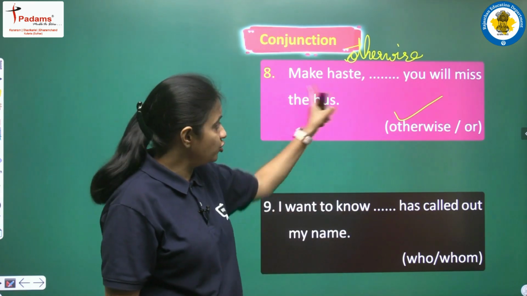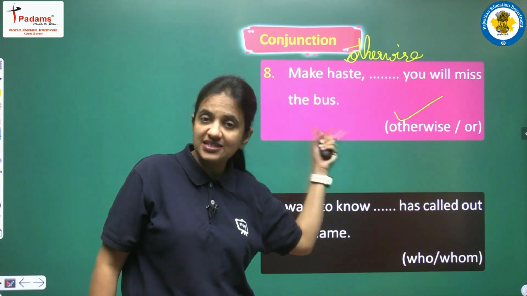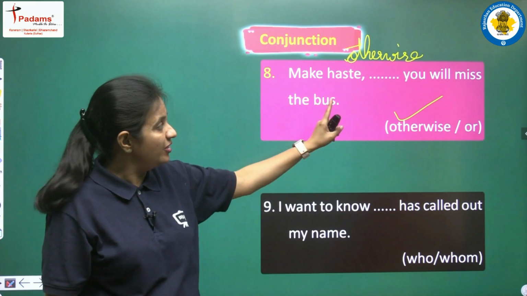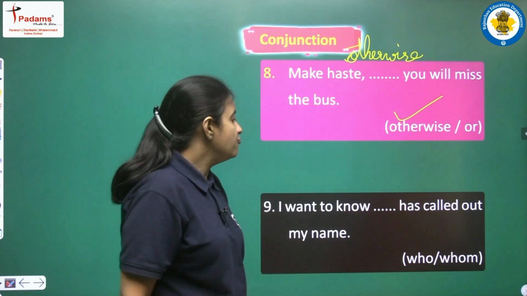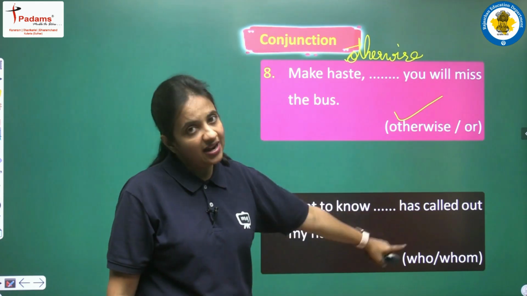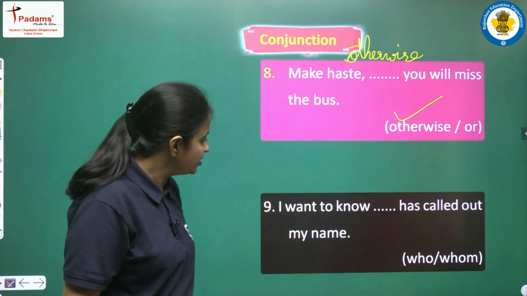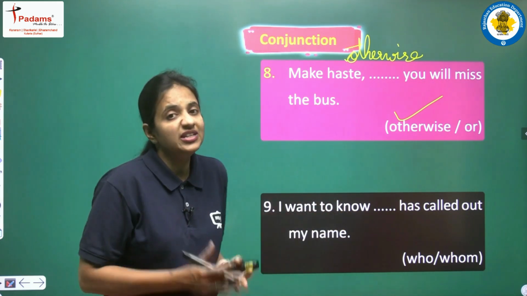Here we are trying to show the result: if you don't follow this instruction, then what will happen, what will be the result? The result will be that you will miss the bus. Next sentence: I want to know has called out my name. We have two options, who and whom. So again let's read the sentence. We are saying that I want to know, what do we want to know?